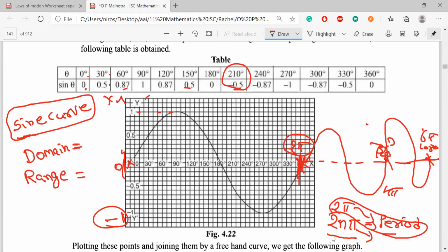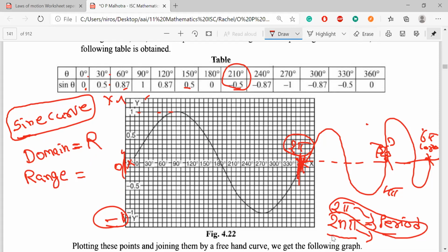X here is theta, that is the angles. So that'll be all the angles, from 0 to 360. Here they are not representing the negative angles, we only have the positive angle, but the sine curve continues.